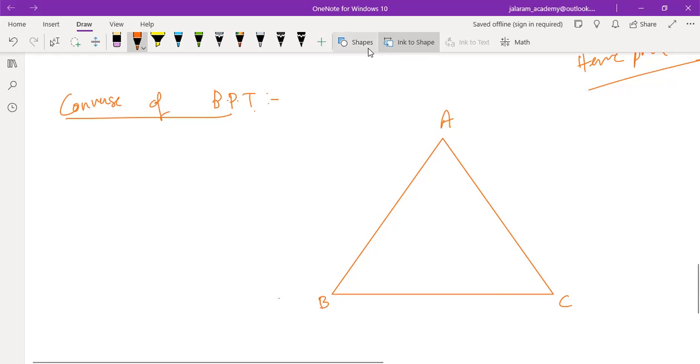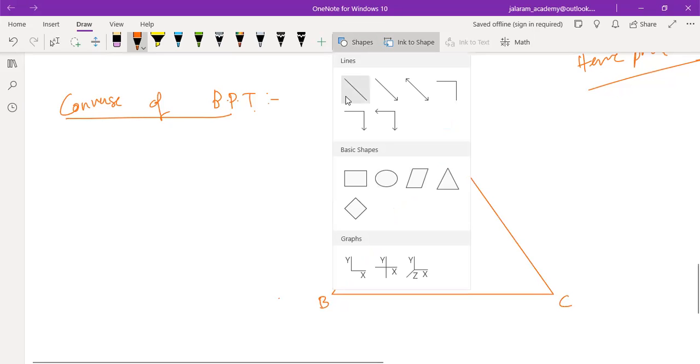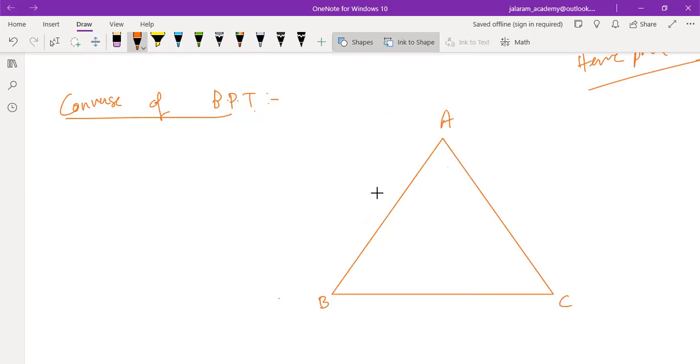So in this, a line intersecting any two sides of a triangle proportionally is parallel to the third side, means AD upon DB equals AE upon EC is given, and DE is parallel to BC is the result.